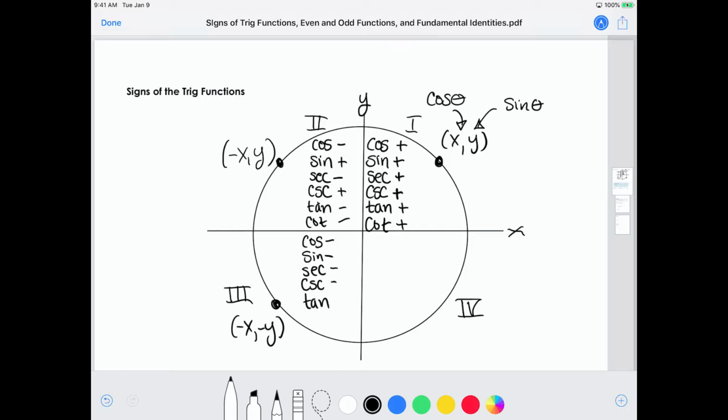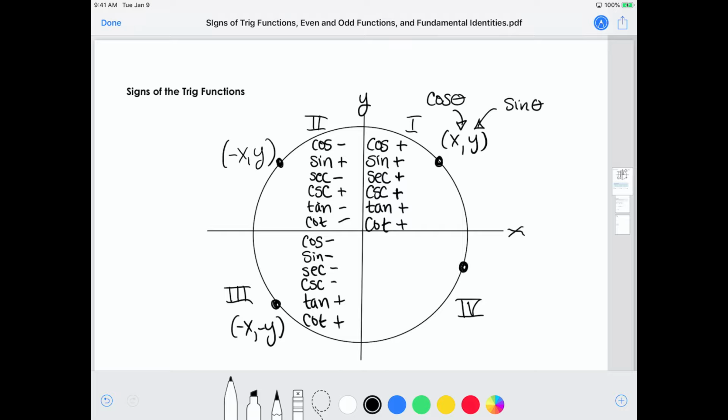However, tangent and cotangent in this quadrant are both going to be positive because cosine and sine are both negative. And when I take sine over cosine or cosine over sine, since both of those are negative and I have a negative divided by a negative, I'm going to get a positive.